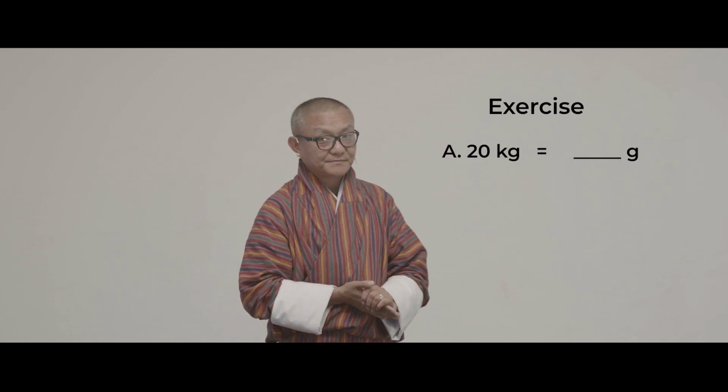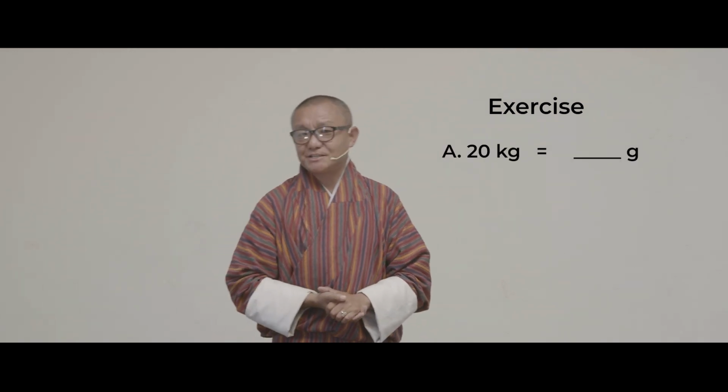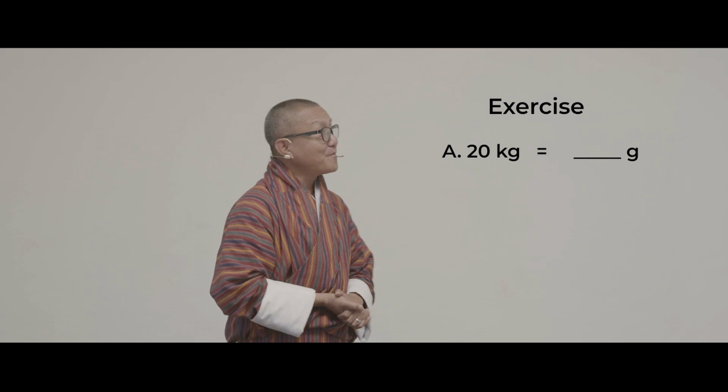Children, I talked enough. So I would like you to do some exercise on your own. So now it is your turn. I'll give you some questions. You do it, okay? A, 20 kg is equal to how many gram?